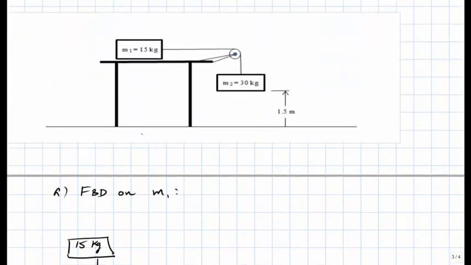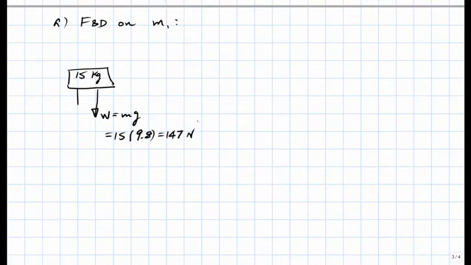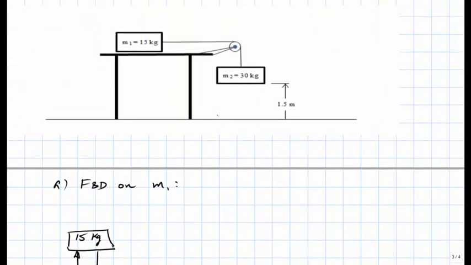Also, the two surfaces, the tabletop and the bottom of the block, are in direct contact with one another. That means that the table will exert a normal force that's directed upwards against that block. We can represent the normal force like this. The block is connected to a string, and that string is pulling the block towards the right with a tension.